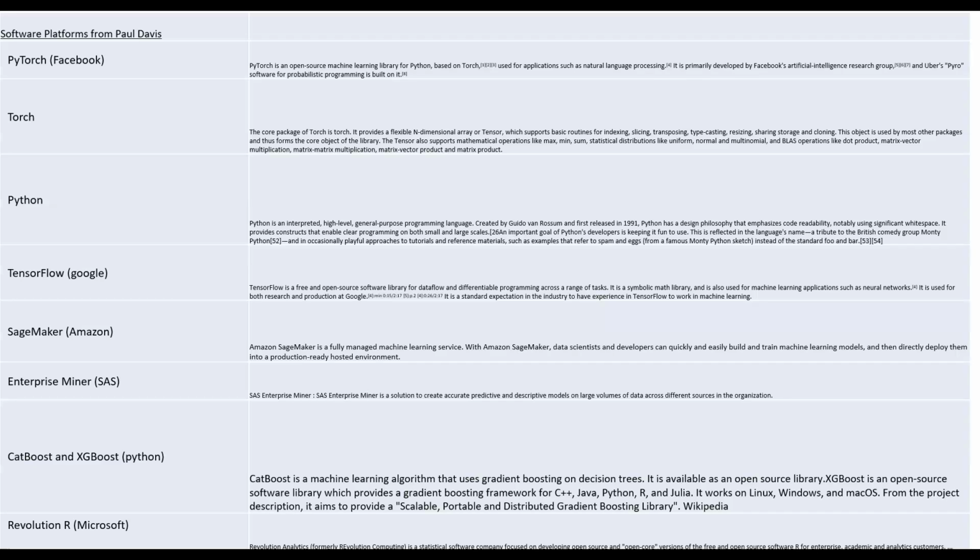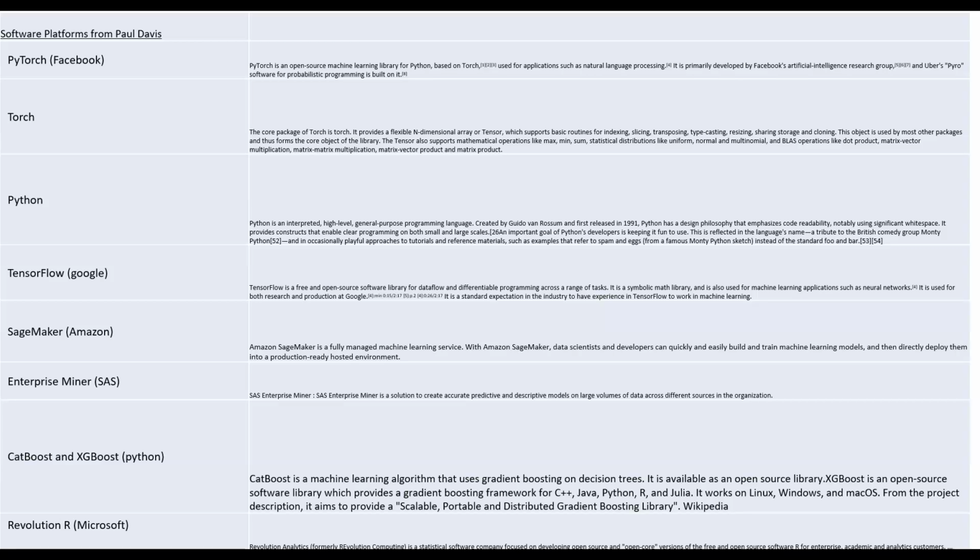So here's a look at software. This is the software that Paul Davis has talked about using. This first one is PyTorch. Obviously, it's related to Python. And I'm not going to read every one of these. You can stop on the presentation and take a look.